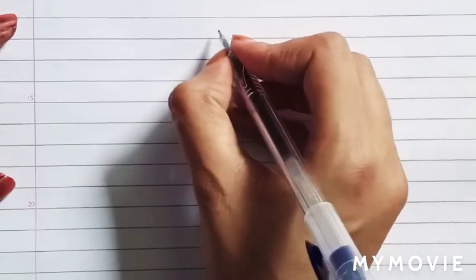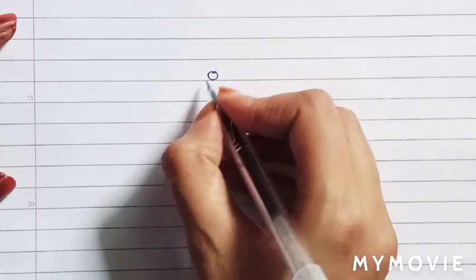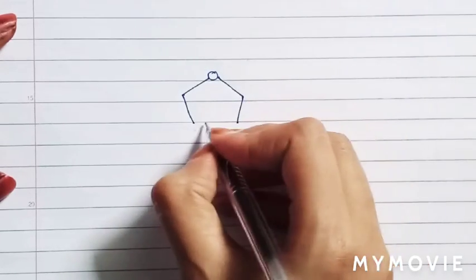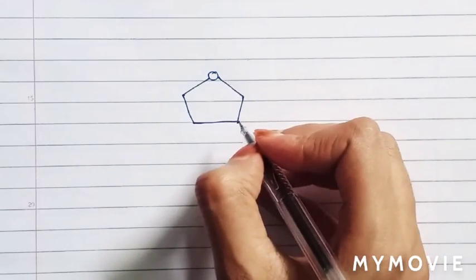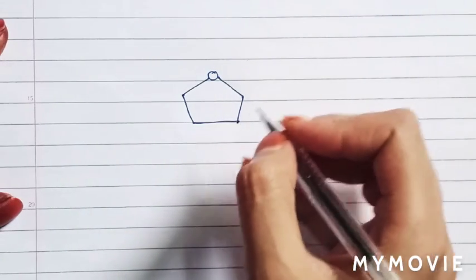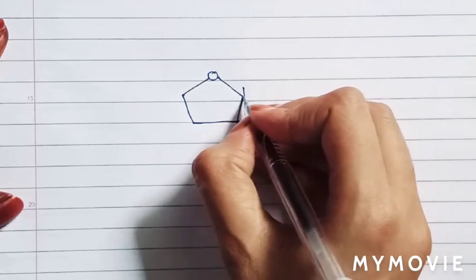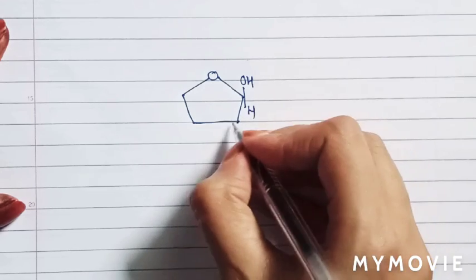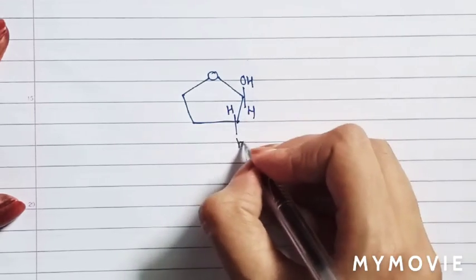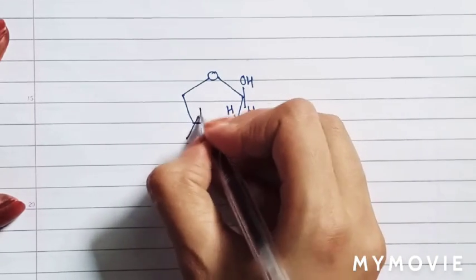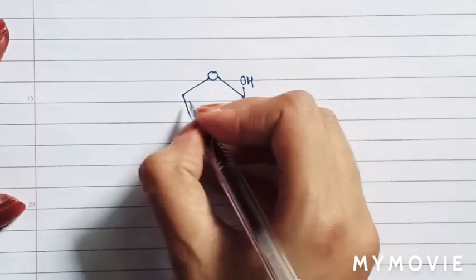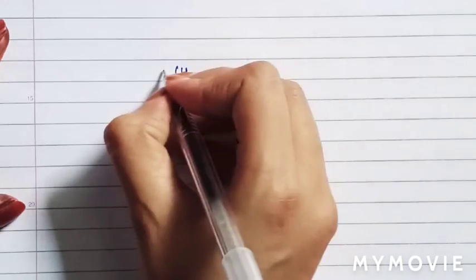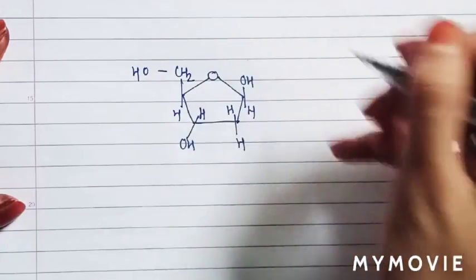Now first we will draw the structure of pentose sugar. We are talking about deoxyribose sugar. So here there will be oxygen, OH, H, H, H, here H, OH and here H, CH2OH.